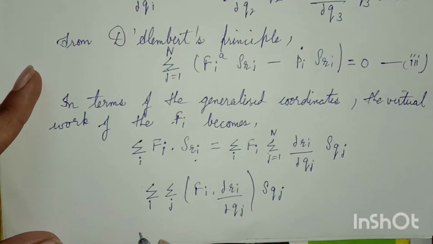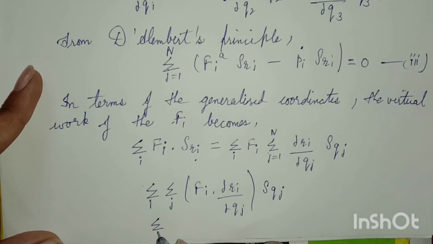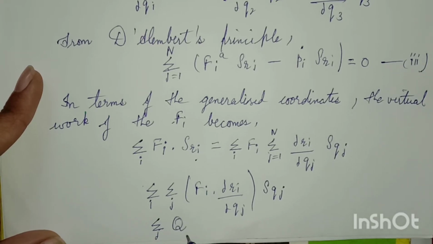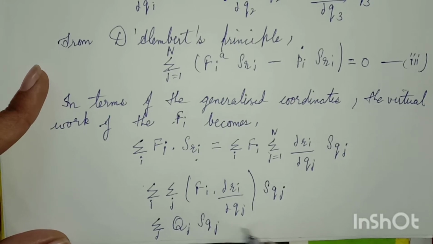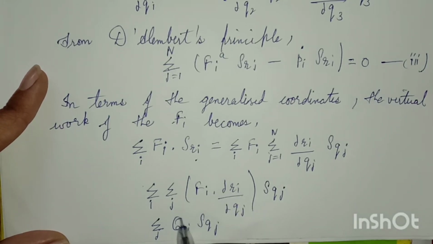So we can write summation j Qj, which is the generalized force component of work. So you can write Qj delta Qj. This whole equation is equal to Qj with summation.